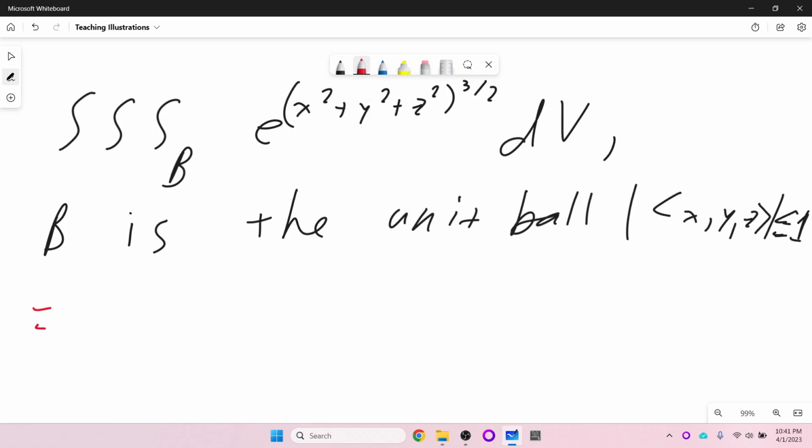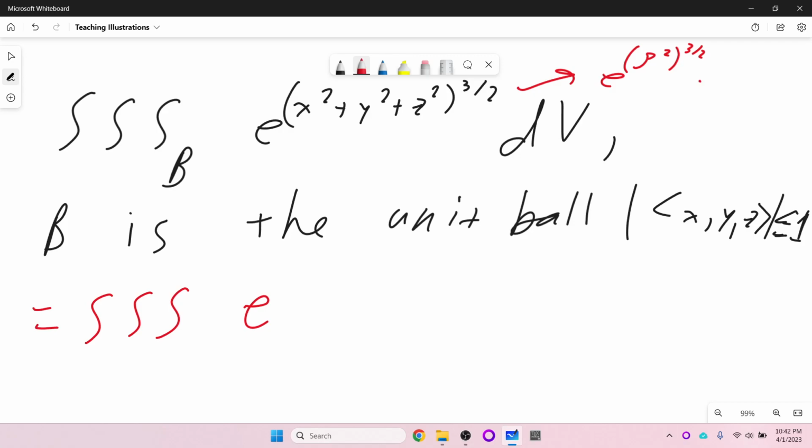So this would equal the triple integral of e to the, if you want to do a little sidebar here, e to the rho squared to the 3/2, or no, hold on a second. Sorry, the 3/2 is part of the e. This is really precise: e to the rho squared to the 3/2.